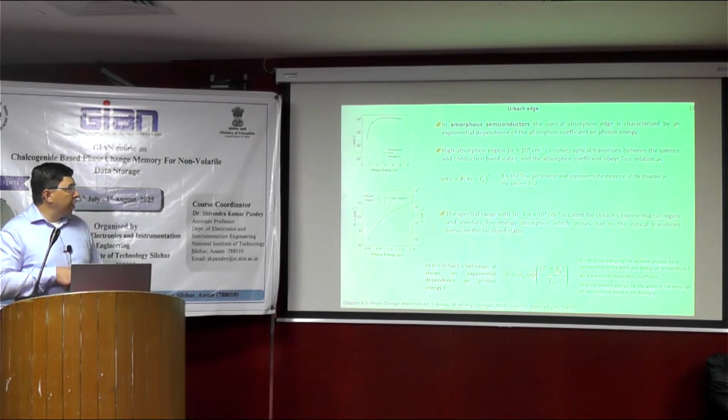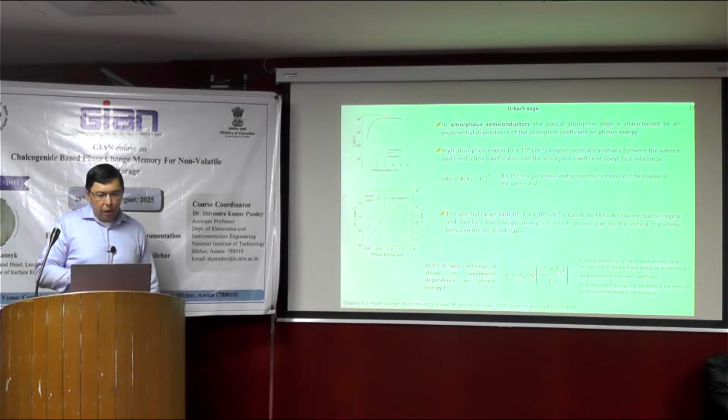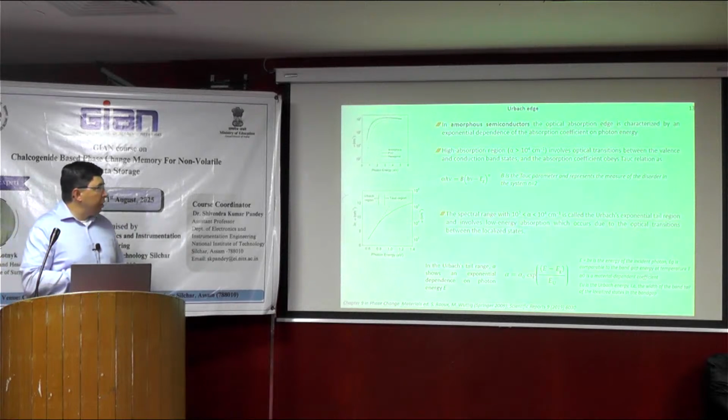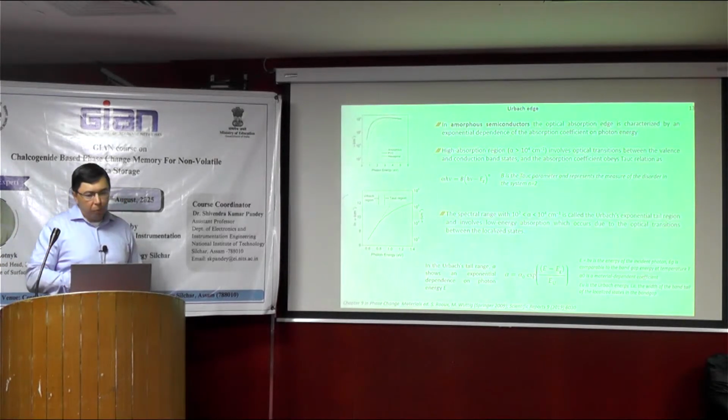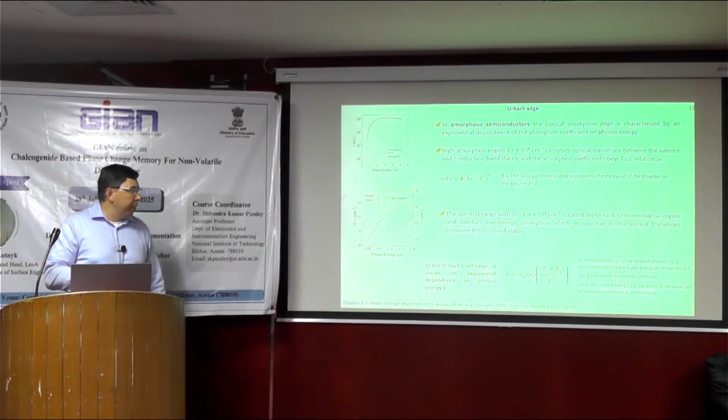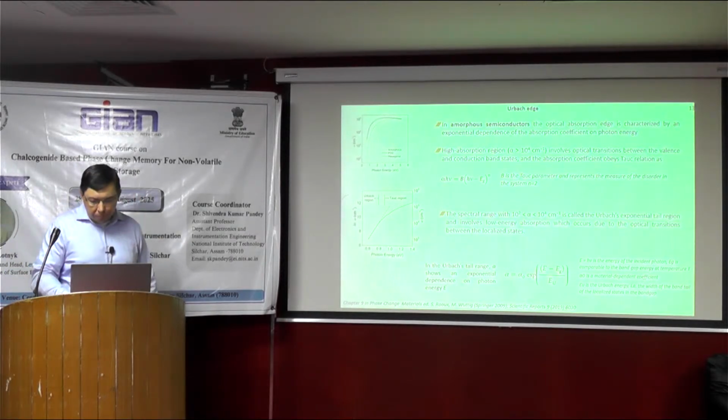So here, if we look at the photon energy, this is the low energy region. This is the Urbach region range. And E_U can again be extracted from measuring the absorption in your amorphous material.